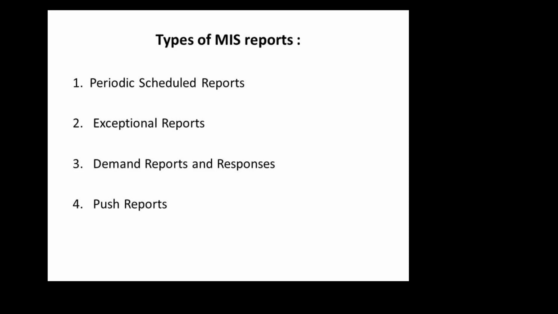For example, reports can be generated on students who stop coming to classes, or reports of customers whose loan installments have been delayed beyond the cutoff date. So in exceptional conditions or situations, these reports are prepared.